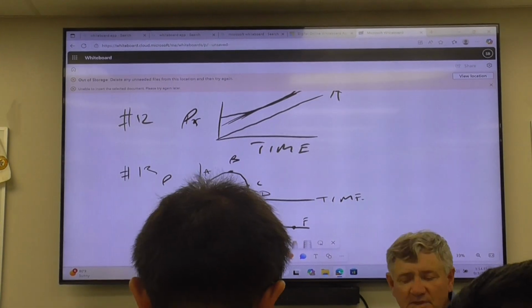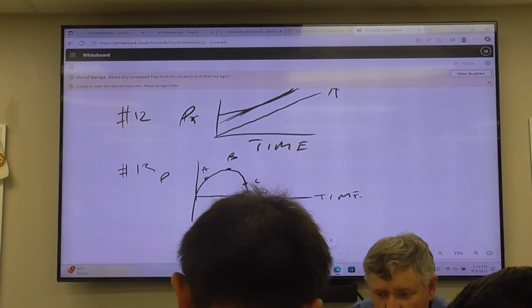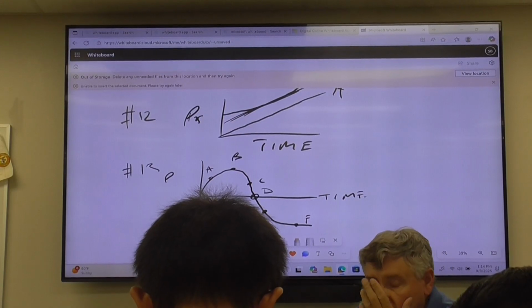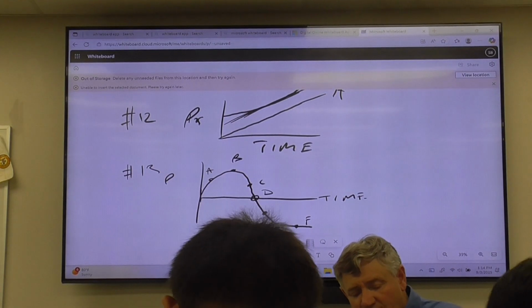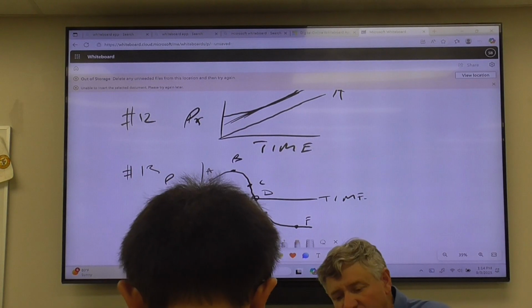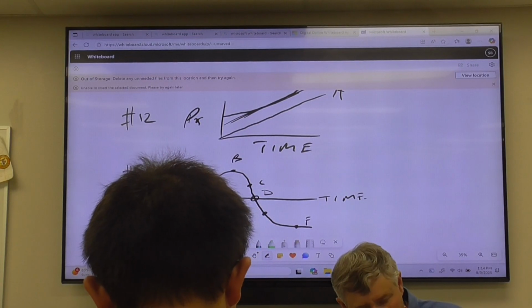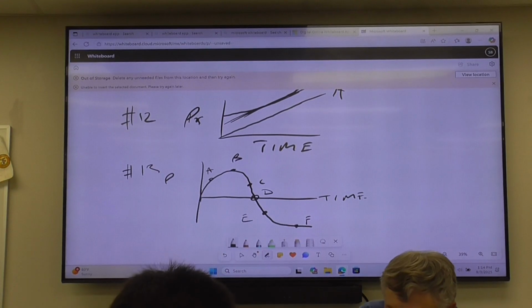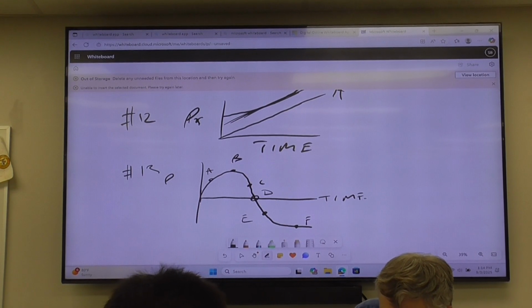Okay, so let's talk about question 13. Your book defines anything going right and up as positive, anything going left and down as negative. That's just the system that they use. So on 13A, it says, when is it moving the fastest?